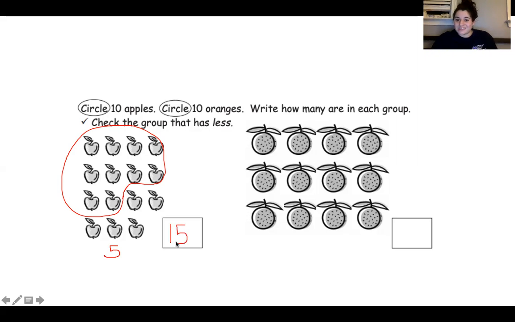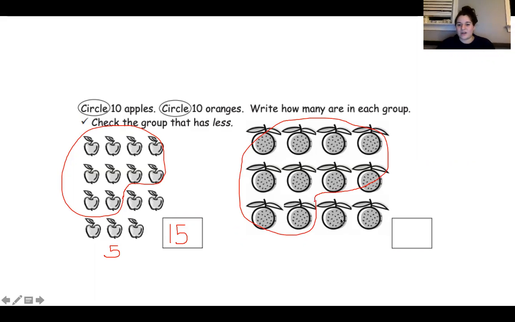Let's work on the oranges. Let's find a group of 10. 1, 2, 3, 4, 5, 6, 7, 8, 9, 10. I'm going to circle our group of 10. Count the leftovers with me. 1, 2. Just 2 left. 10, 2. 12. Let's write it in.